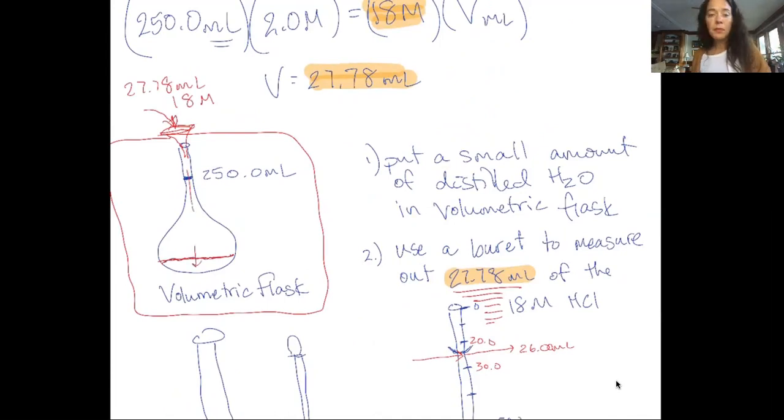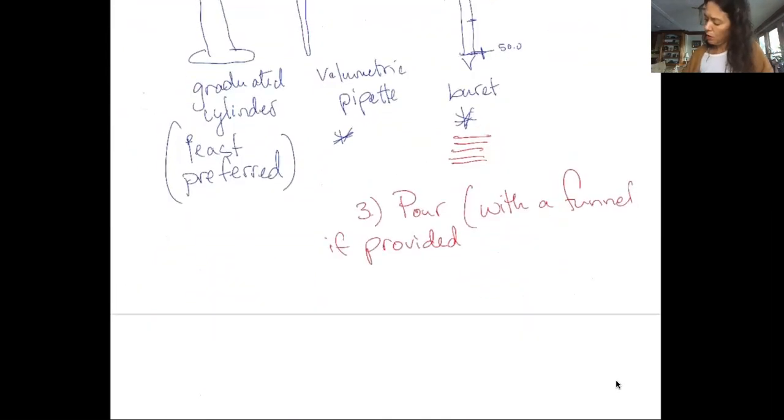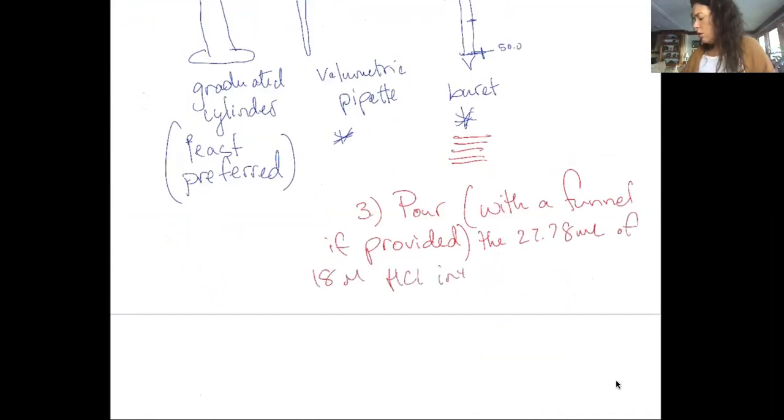Okay? So pour with a funnel, if provided, the 27.78 milliliters of 18 molar HCl into the volumetric flask, don't abbreviate that, the one that has the water, into the water.